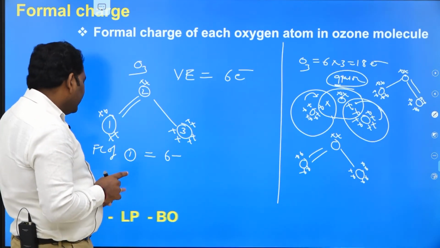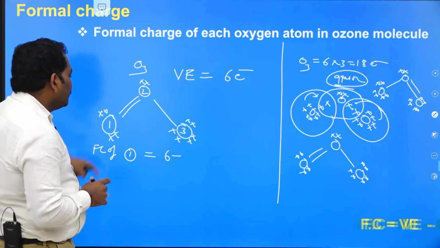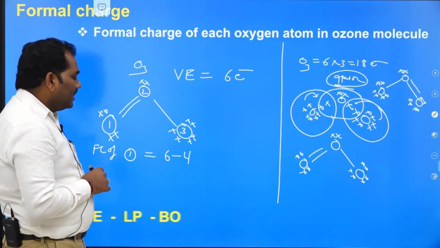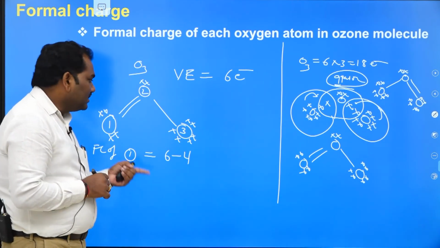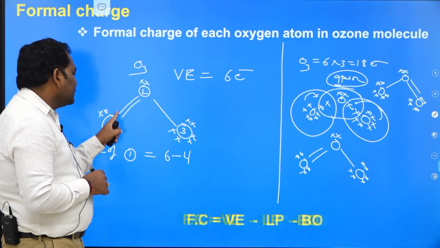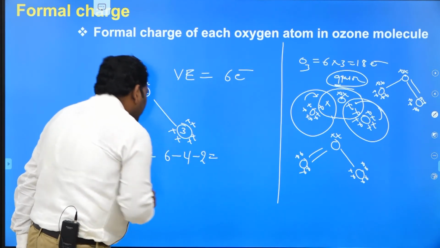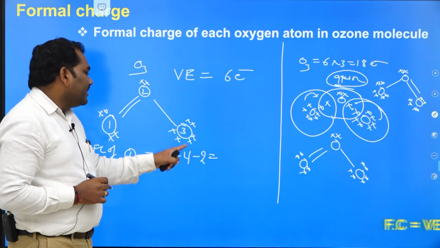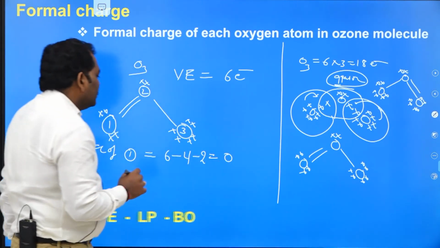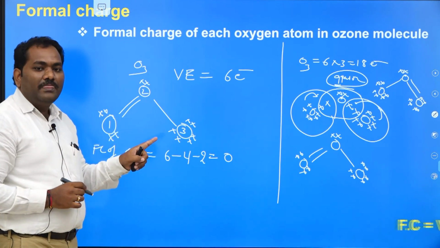The formula is Fc equals V minus Lp minus number of bond pairs. The number of lone pair electrons is 4, and the number of bonds present at this oxygen is 2. So Fc equals 6 minus 4 minus 2, which is 0. The formal charge of oxygen 1 is 0.